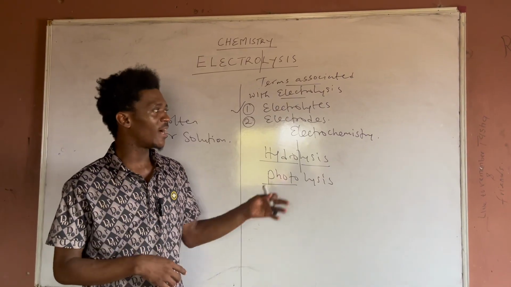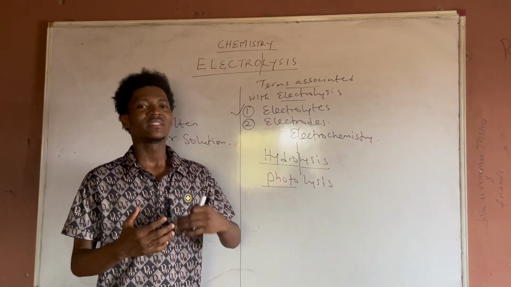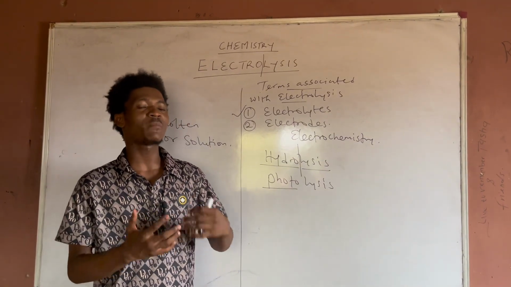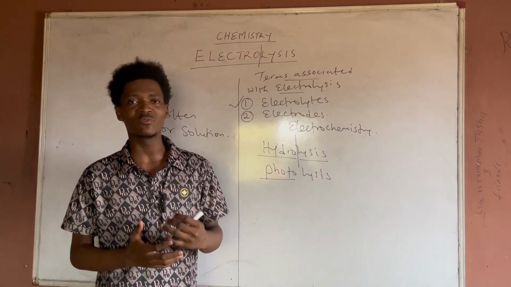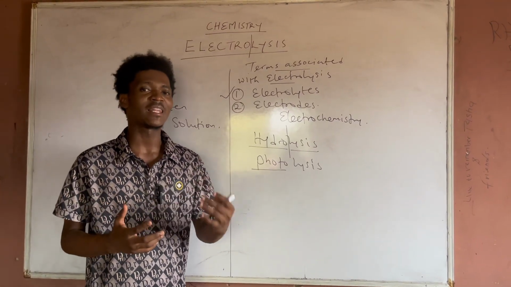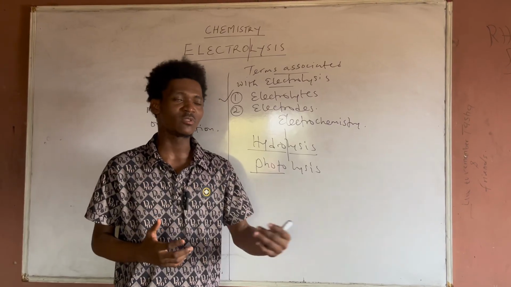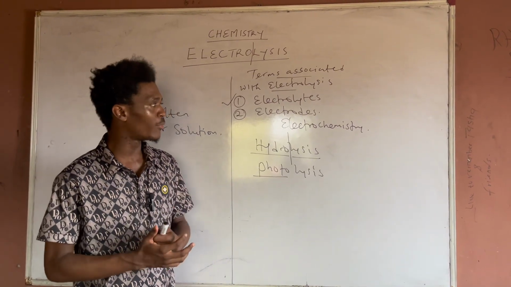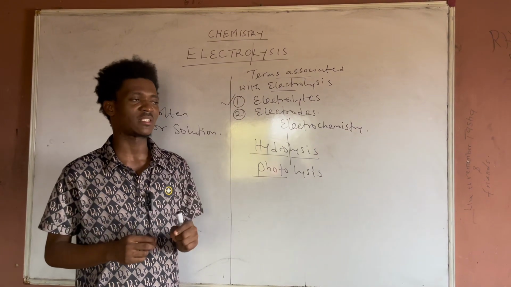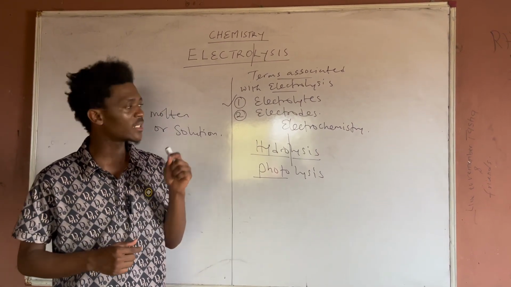So I can as well say that electrolytes are compounds that allow the passage of direct current through them, and in the course of that, they get decomposed. So they are simply compounds that conduct electricity and are decomposed in the process.